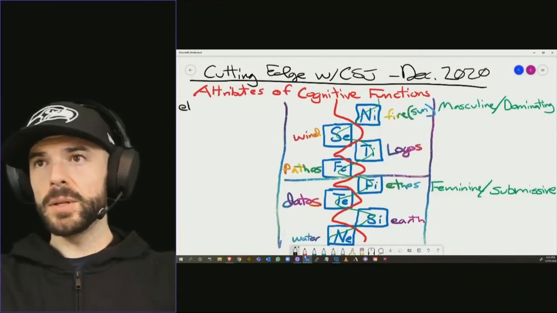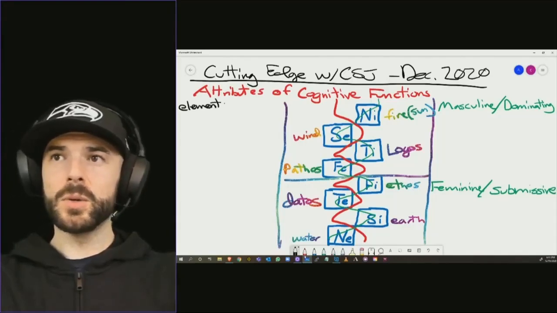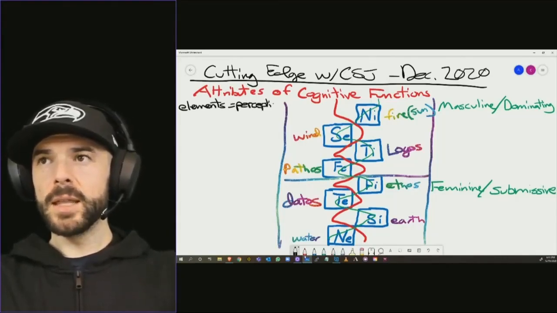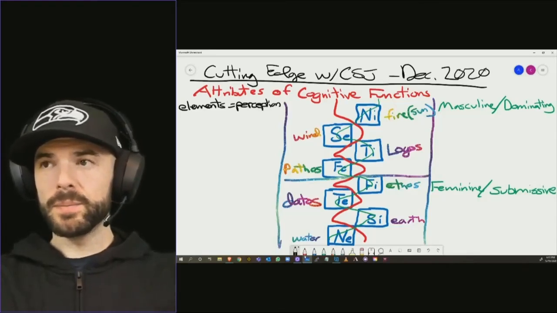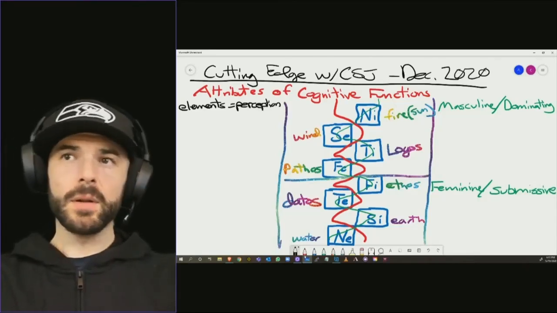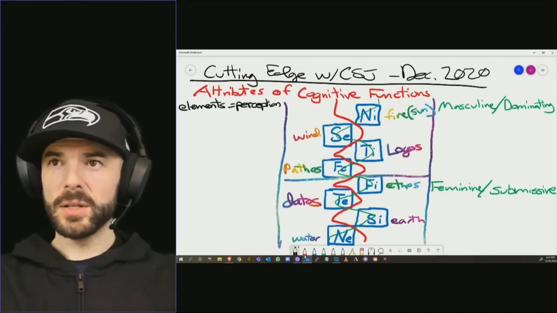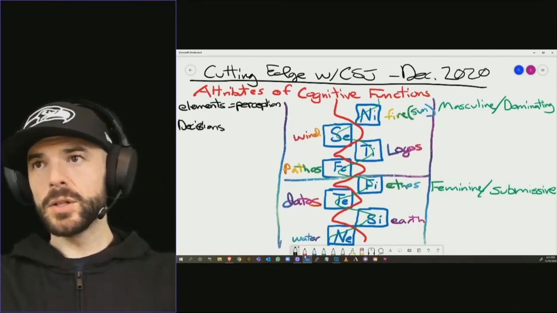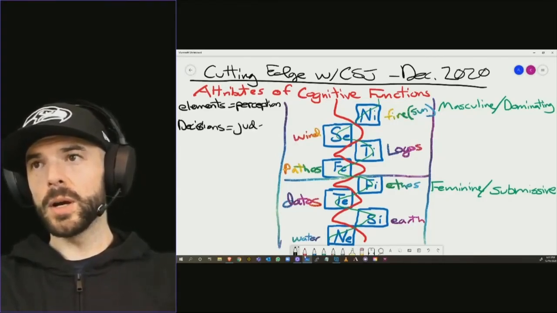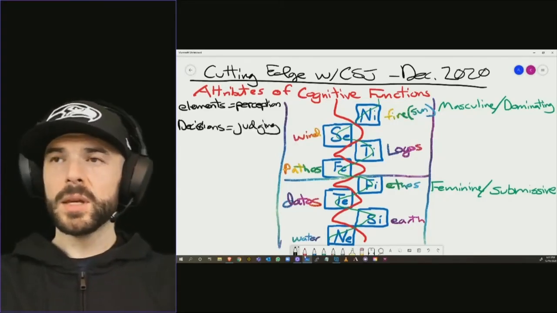Elements are also equivalent to perception, and then you have the Greek decisions basically. So you have decision making. Decisions equals judging or how to judge things, etc.